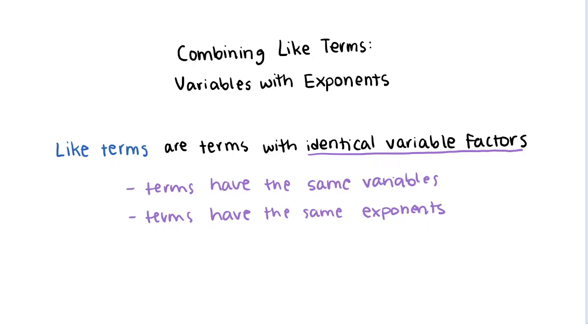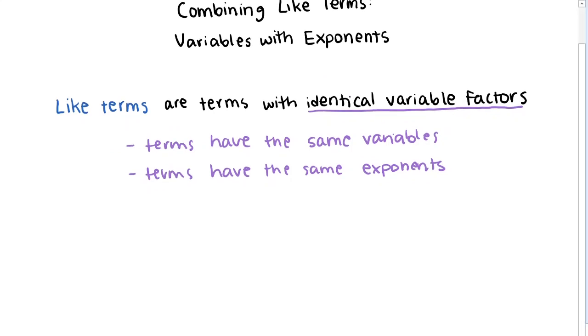So let's look at negative 7x cubed. Now, what would be an example of a term that's a like term with negative 7x cubed? Well, here 8x cubed would be an example of a like term.